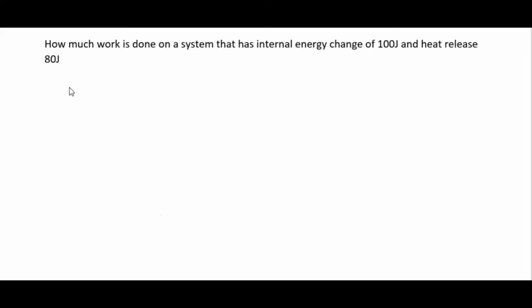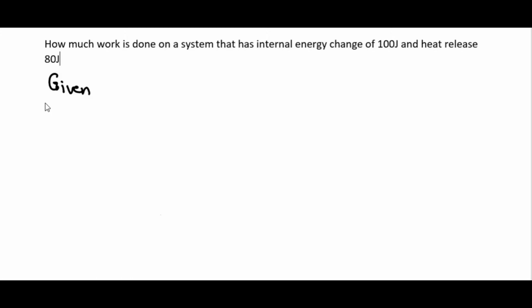Let's try another example. How much work is done on the system that has an internal energy change of 100 joules and heat release of 80 joules? So, let's look for the given.